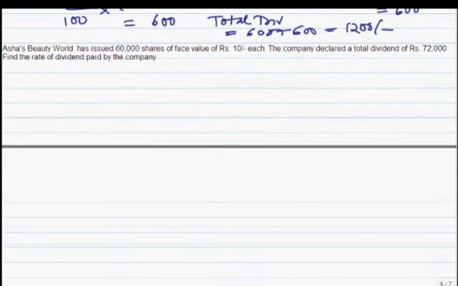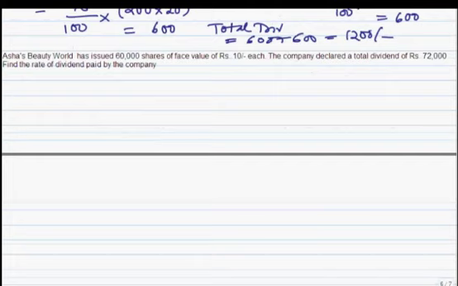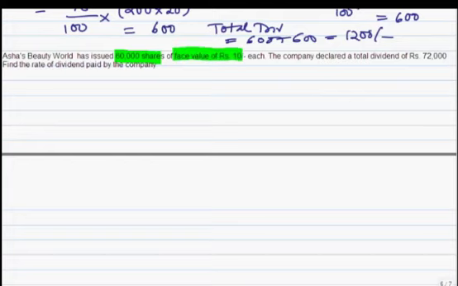Okay, one more problem and then we'll take a break here. Okay, so Asha's Beauty World has issued 60,000 shares, face value of rupees 10, and the company has declared a total dividend of 72,000. So this is a similar kind of problem, but still we'll do it, and let us write down first the information which is given.